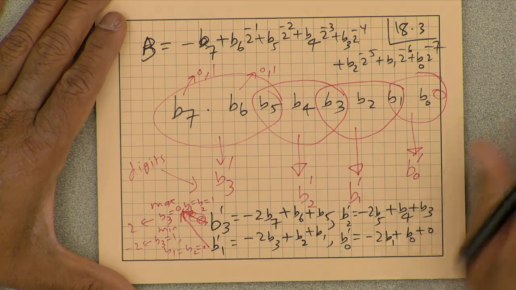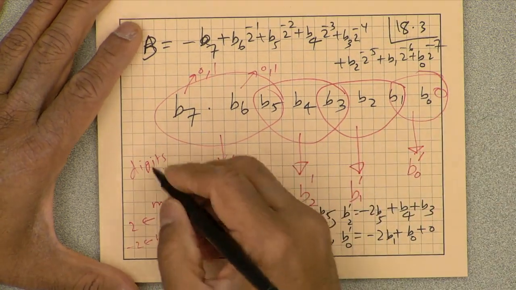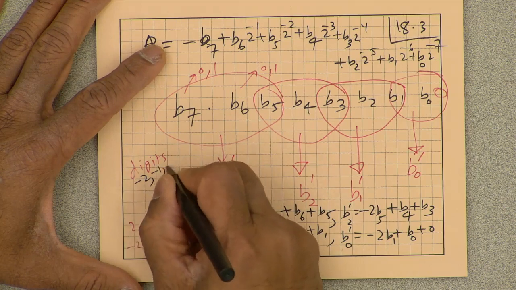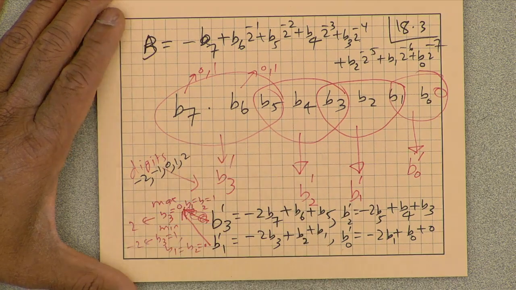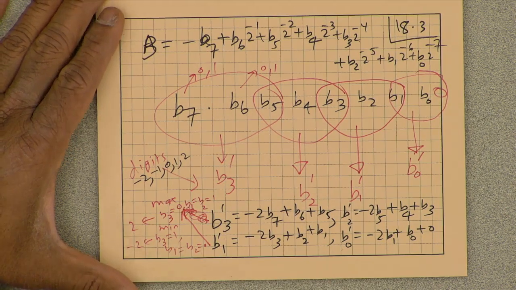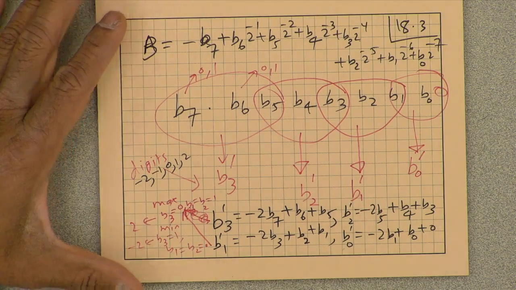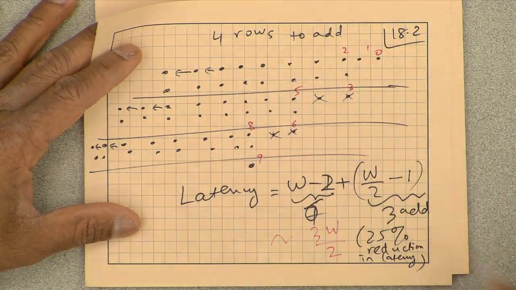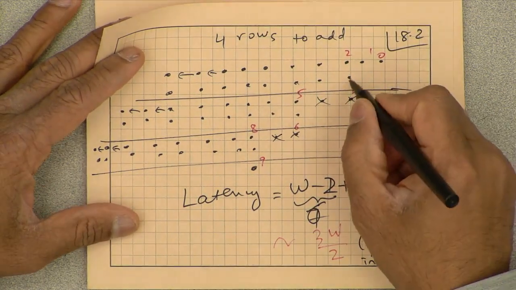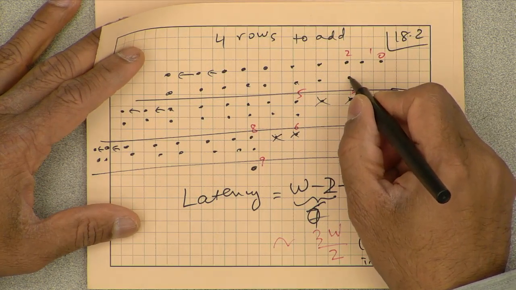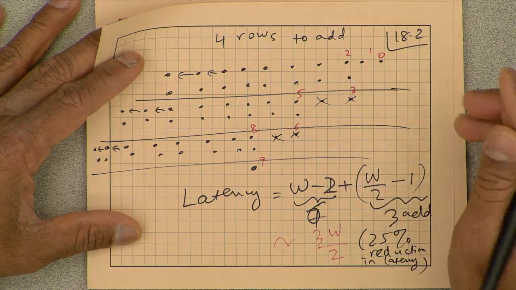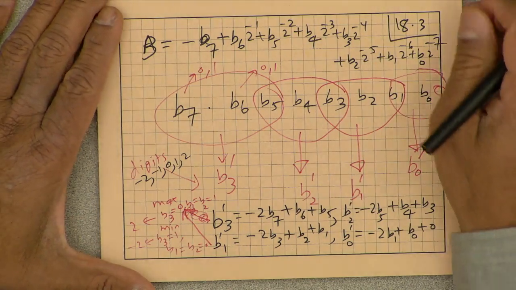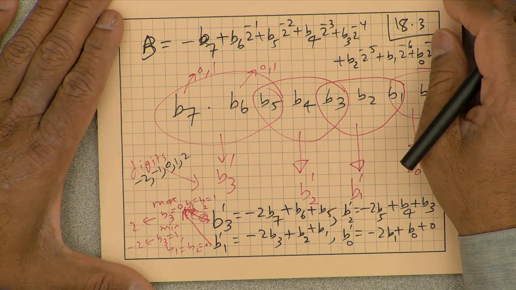So each of these digits takes 5 possible values: minus 2, minus 1, 0, 1, 2. So when I talk about this modified Booth recoding multiplication table, each value here takes 5 possible values: minus 2, minus 1, 0, 1, and 2.